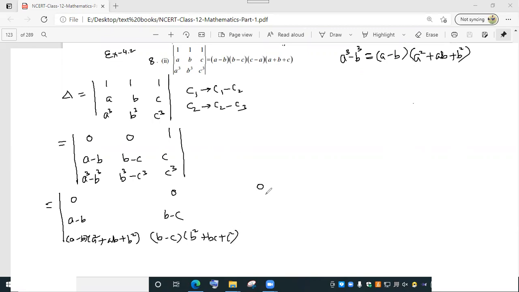The third column is as it is: 1, c, c cube.